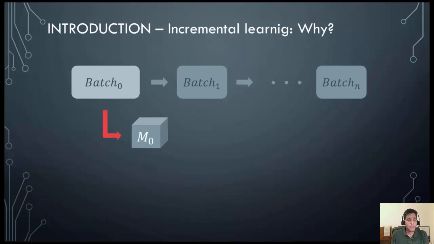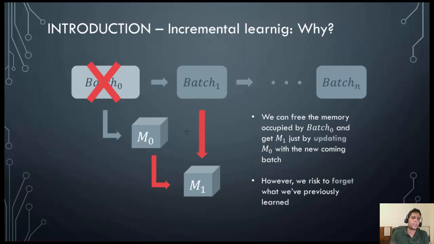So let's see an example. What we would like to do is just to train our model M0 when we have just the images contained in batch 0 available, and then as soon as a new batch of data, batch 1, is available, we can just update our model M0 to M1 using all these new input patterns.